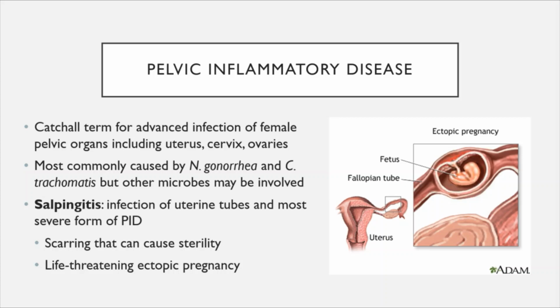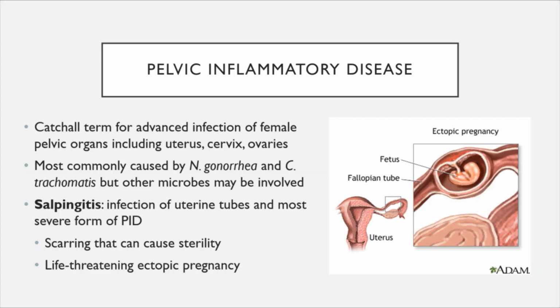pregnancy, which is what happens when an egg is fertilized and transforms into an embryo somewhere outside of the uterus, for example, in the fallopian tube itself, due to scarring that causes that egg to be blocked. As this ectopic pregnancy develops, it can cause the fallopian tube to rupture, and it can be life-threatening to the mother because it can lead to massive internal hemorrhaging.